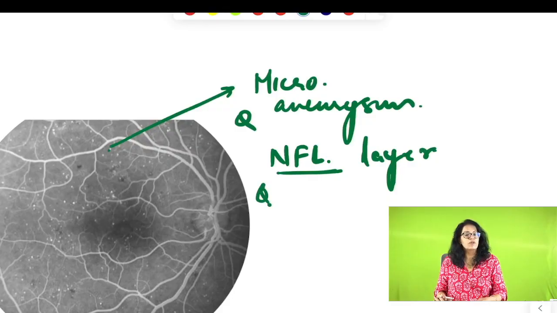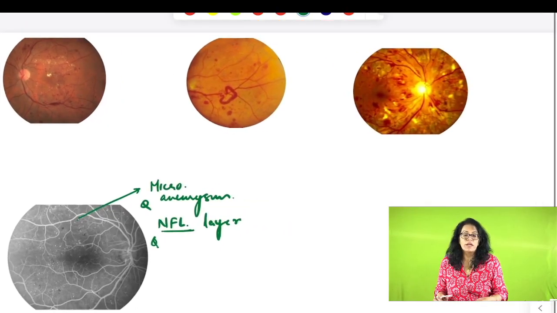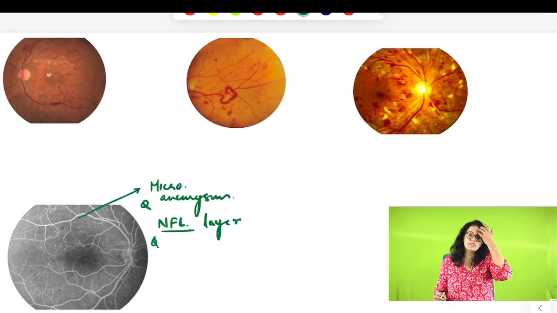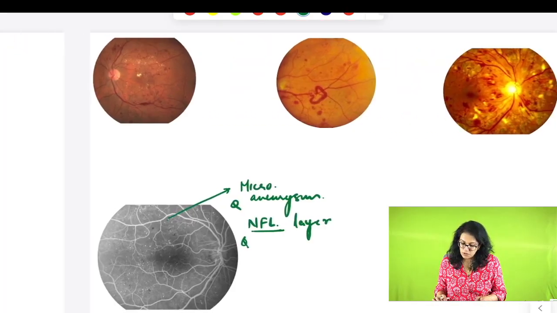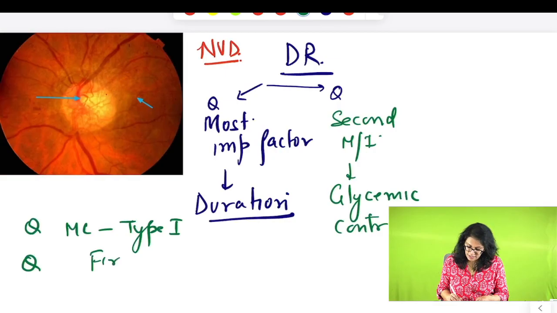In diabetic retinopathy, of course, we know type 1 and type 2. So in which type are the chances of getting retinopathy more? It is more common in type 1. Then they ask you, when should you do the first fundus examination? Again, it depends on what type we are talking about.